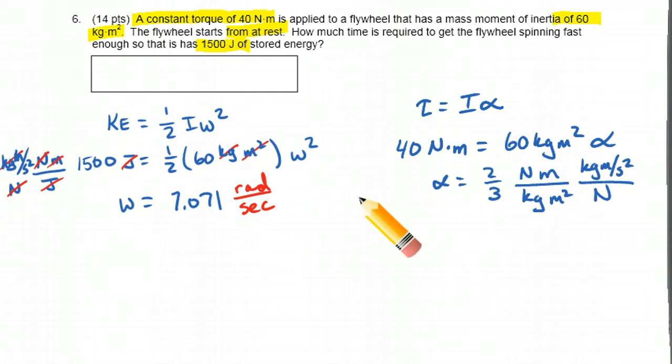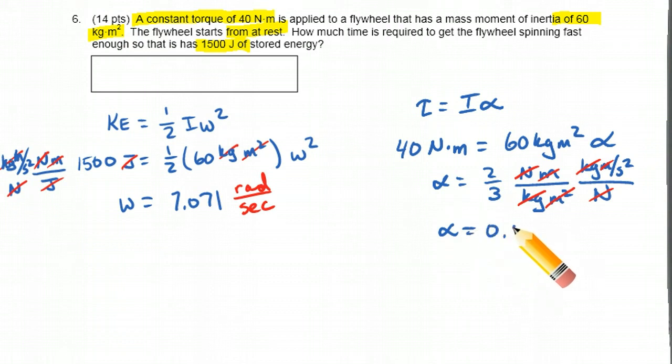So the units do work out, and we get radians per second squared. So alpha is 0.667 radians per second squared.